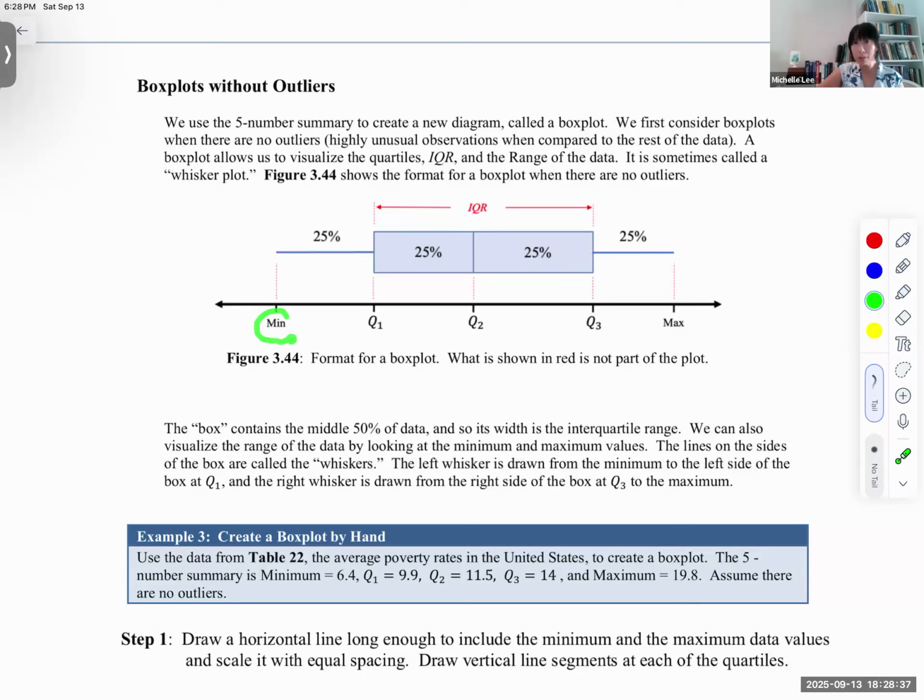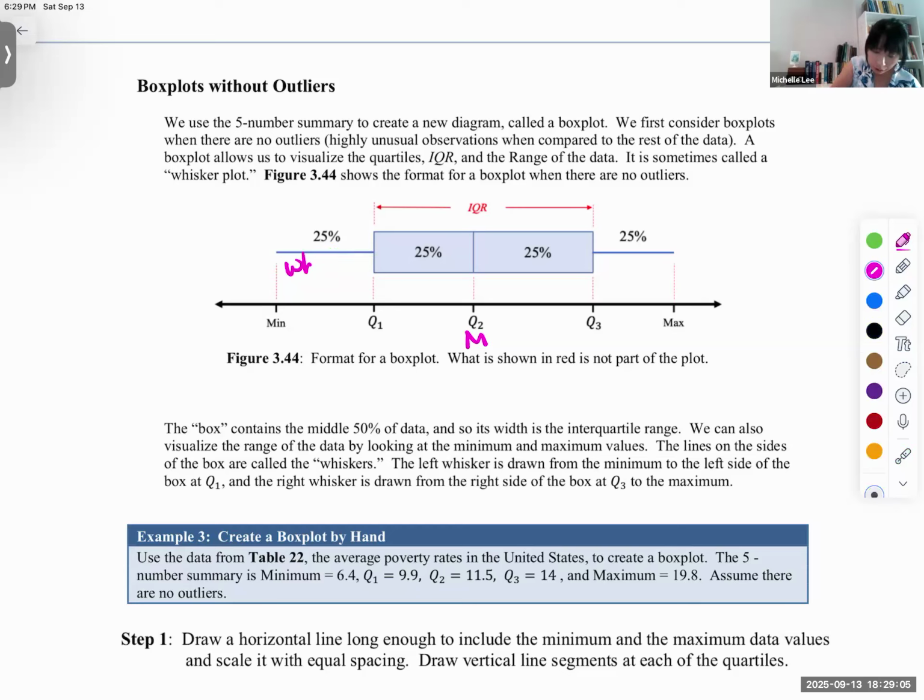From the 5-number summary, we have the minimum here, Q sub 1, median Q sub 2, and then Q sub 3 and maximum. From Q sub 1 to the minimum, that line we call the whisker.